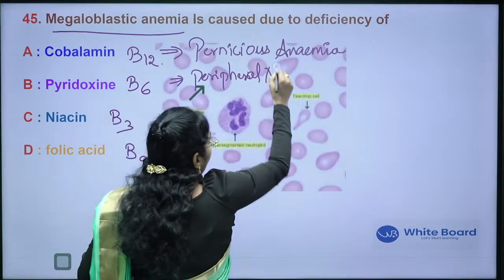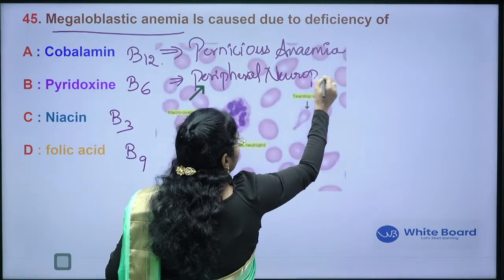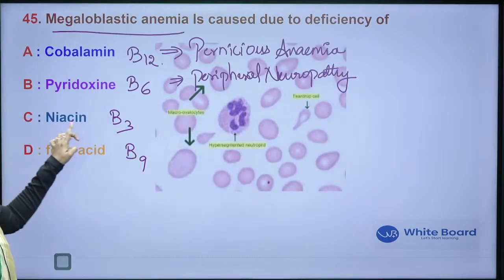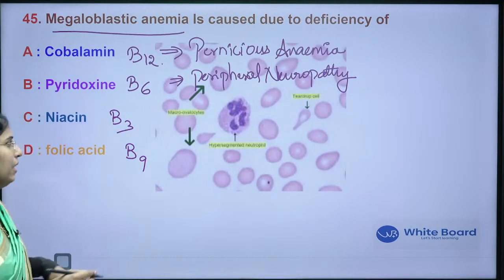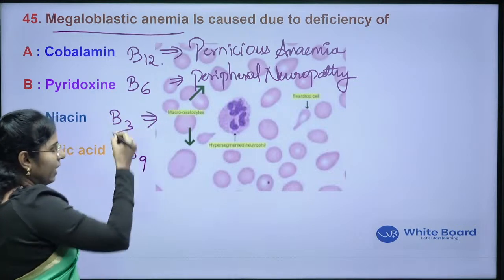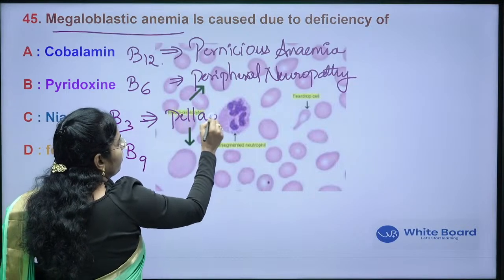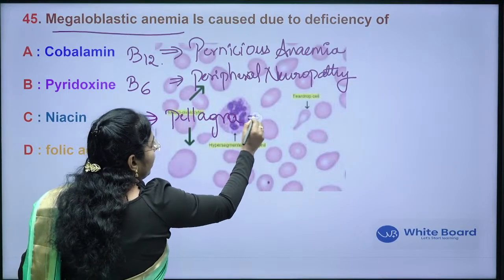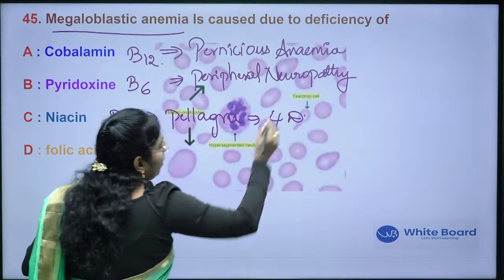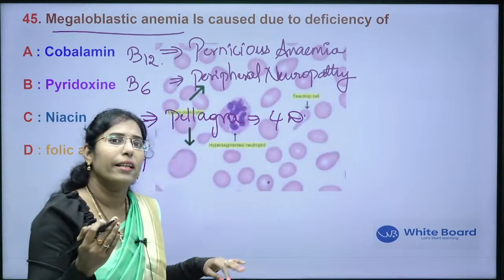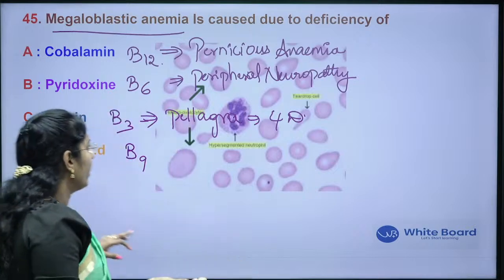Next one is niacin, vitamin B3. Its deficiency leads to pellagra, nothing but the 4 Ds: diarrhea, dementia, dermatitis, and finally death. That is very dangerous.